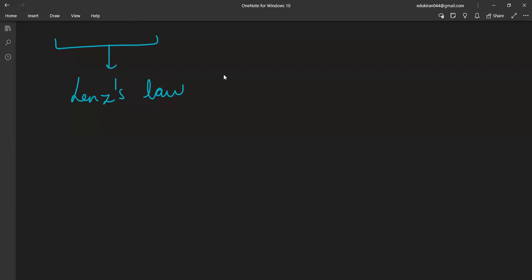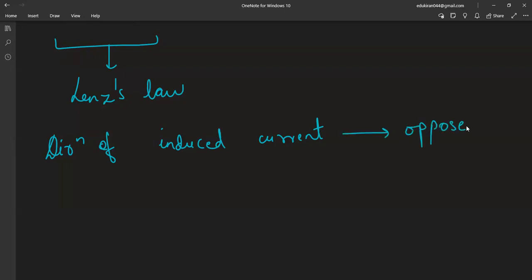What will come is that Lenz's law basically says that the direction of this induced current is always in such a manner as to oppose the cause that is producing it.